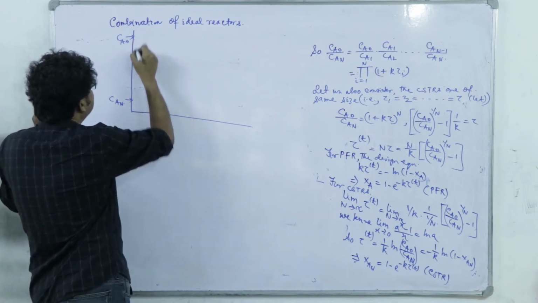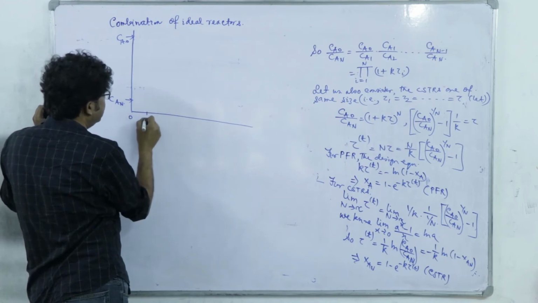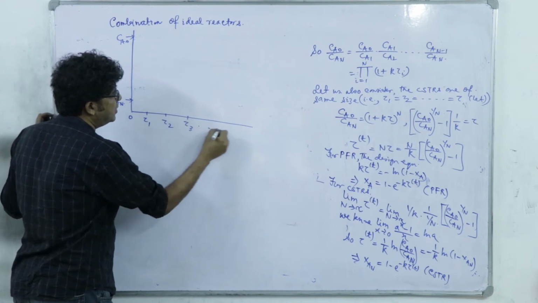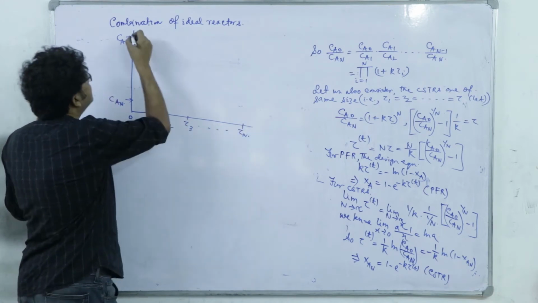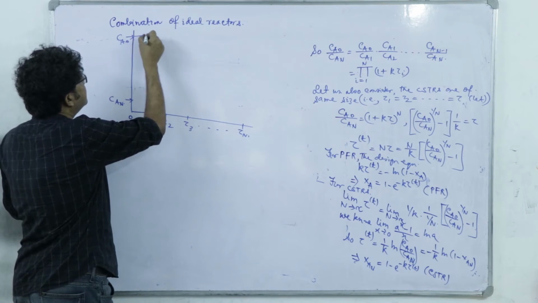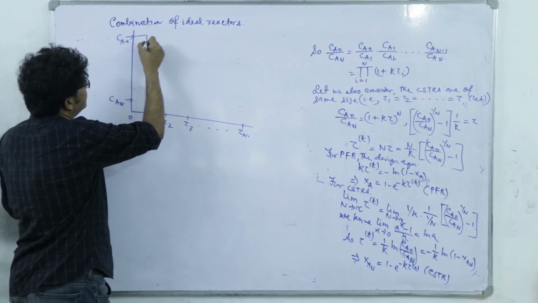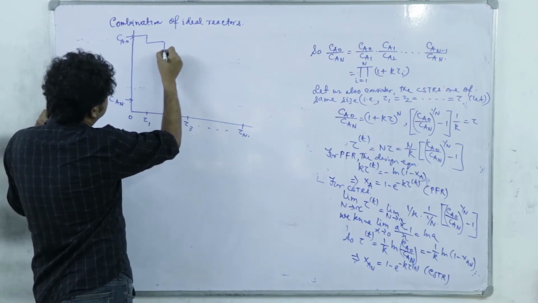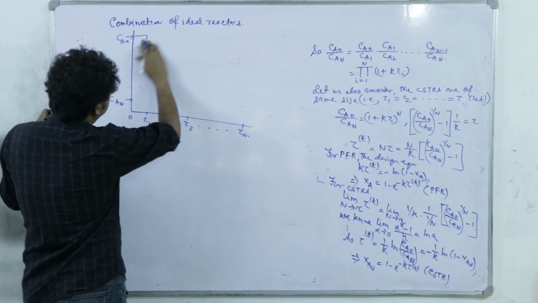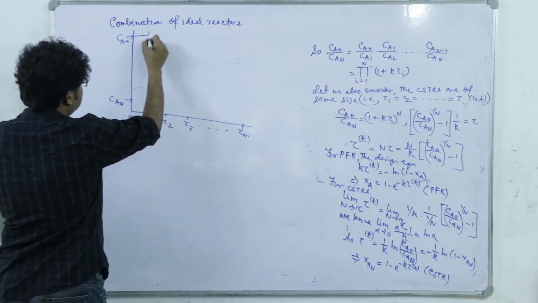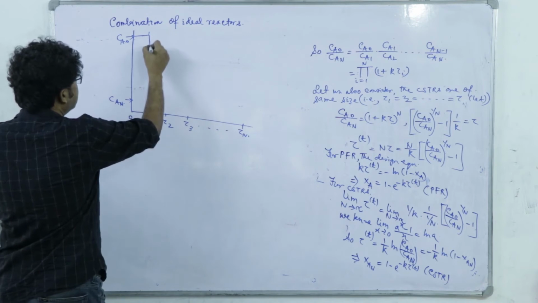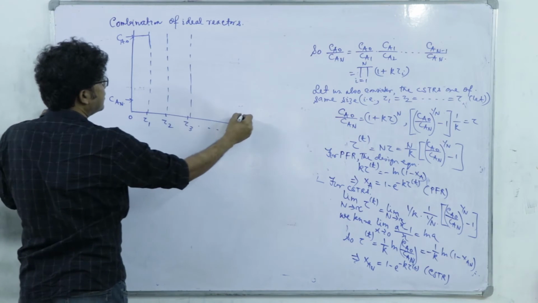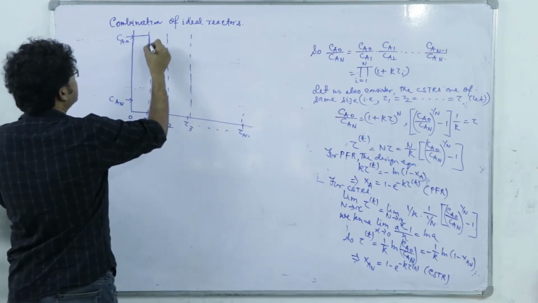This is 0, this is tau 1, tau 2, tau 3, tau n. So what is happening? This is happening.